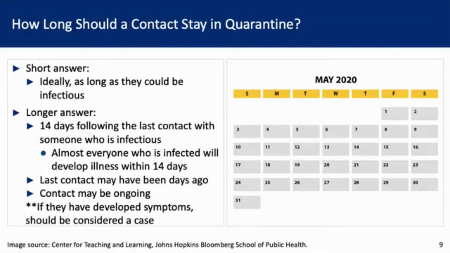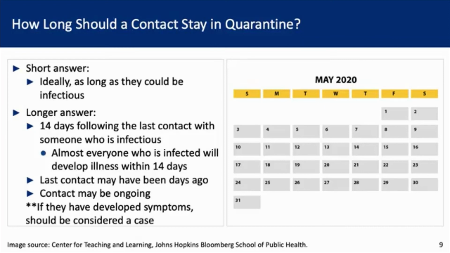So how long should a contact stay in quarantine or distance themselves from others? The short answer is, ideally, as long as they could be infectious, which means the 14 days since their last contact with someone who is infectious. So there's a longer answer, though. Again, it's 14 days since their last contact, because we know almost everyone who's infected will develop illness within 14 days.